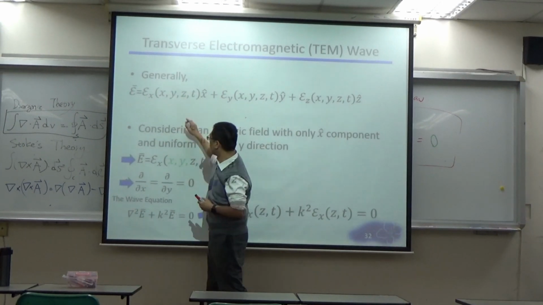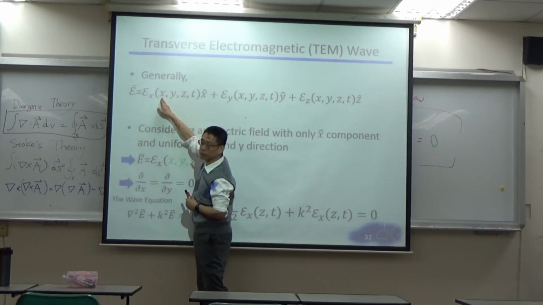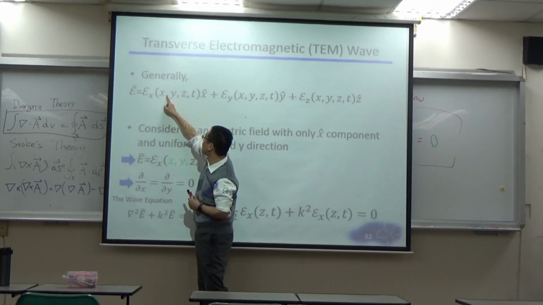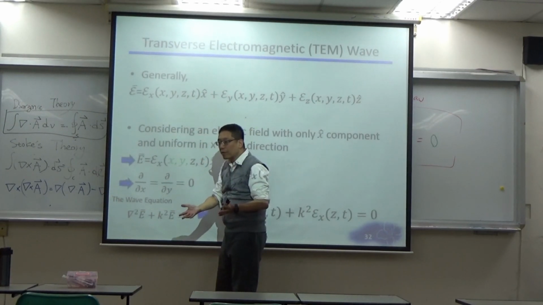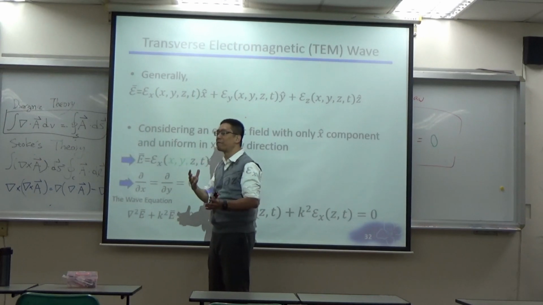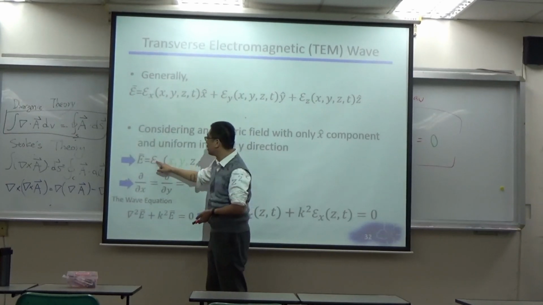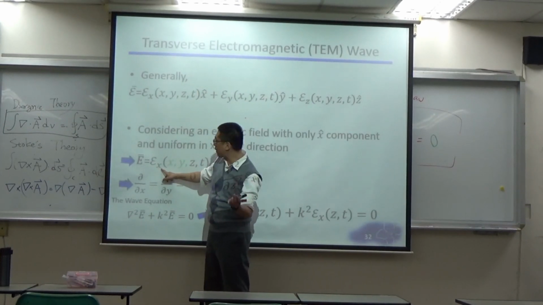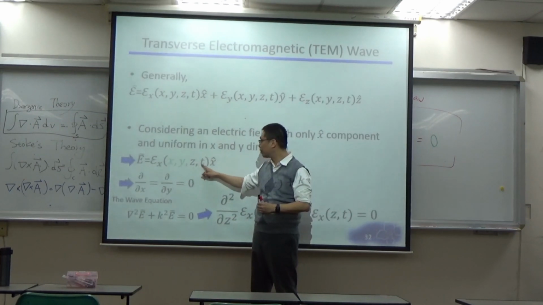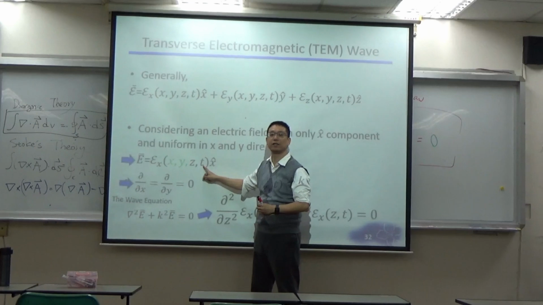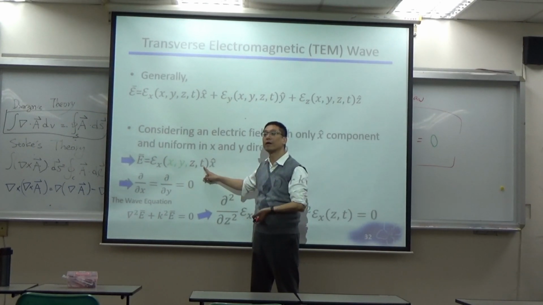So for this part, you have the unknown. You have variables x, y, z. Furthermore, I try to simplify this question more. If this Ex is a function of only z, or maybe we can think about only t. We put the time harmonic back to the time varying. Okay?